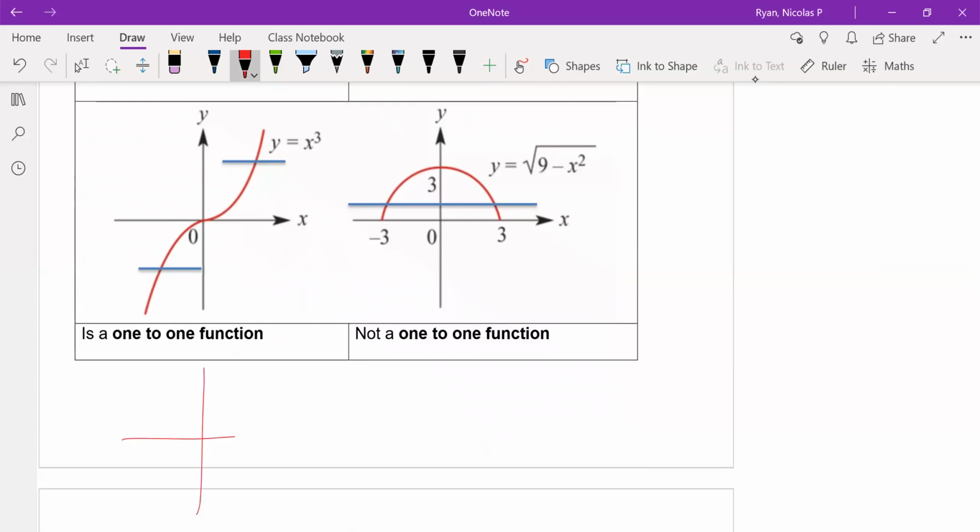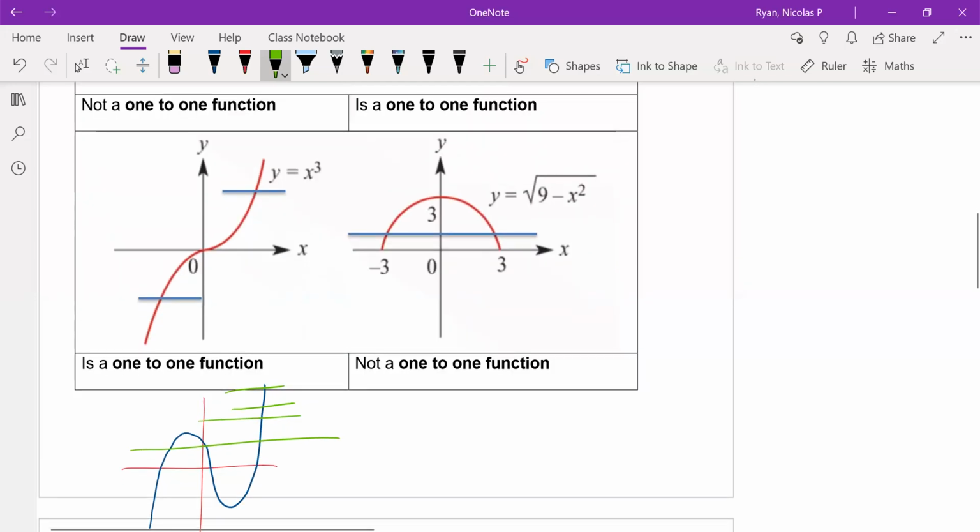If you remember our cubics, we might have a graph that looks like that. Yes, it passes a vertical line test. Doesn't matter where I go, I would pass the vertical line test. And in some places, I pass the horizontal line test. But I get to somewhere like that, I definitely fail it. It's not a one-to-one function.